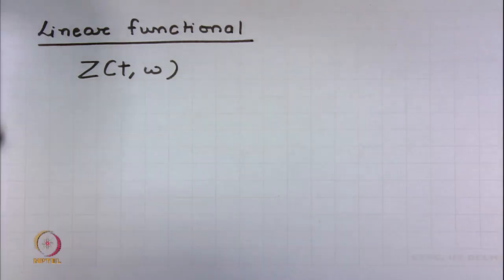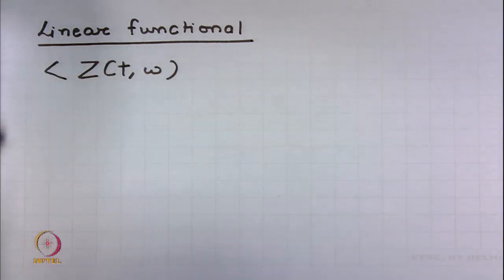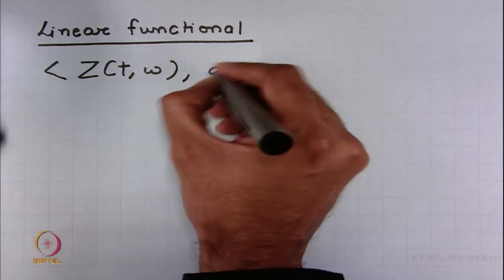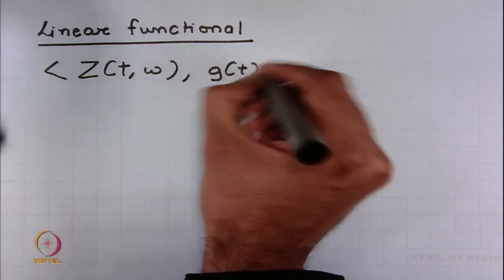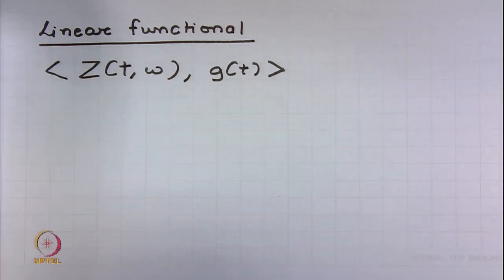So, let us assume that we have a random process Z of t, and if I take the inner product of this random process with a deterministic function, that is the linear functional of a random process. It is nothing but the inner product of the random process with some deterministic function g of t.